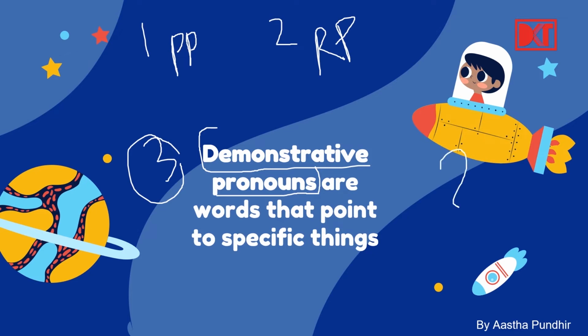They are the words that point to specific things. अब ये कैसे यूज होते हैं, कौन से demonstrative pronouns होते हैं, ये हम examples के फॉर्म में समझेंगे. But first you should understand that demonstrative pronouns are the ones that point to specific things. Okay? Let's move on to the examples.